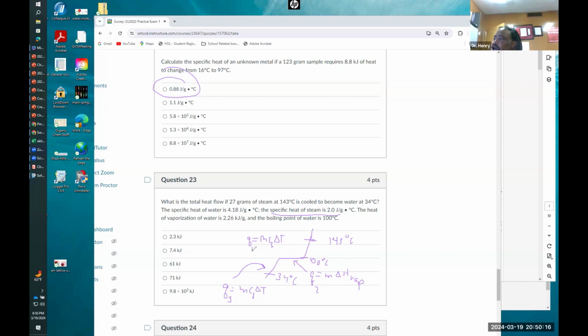Okay, so then we're going to plug everything in where it's supposed to go. We have 27 grams times our C for steam, which is 2.0 joules per gram degrees Celsius, times the change in temperature, which is 143 minus 100.